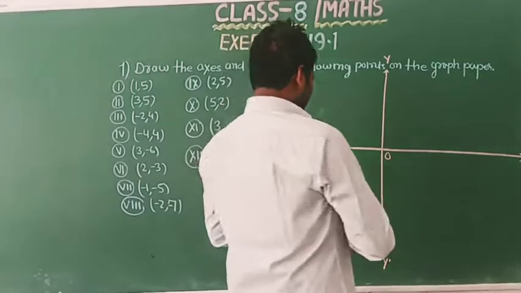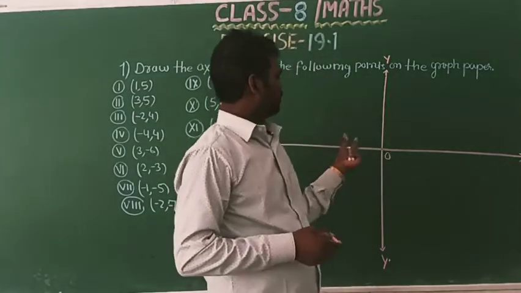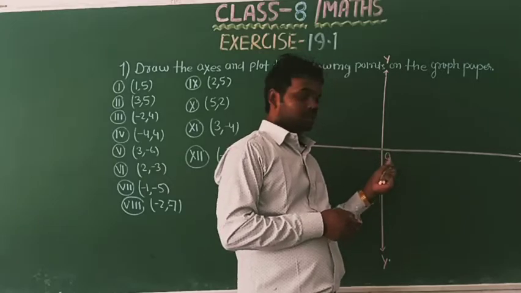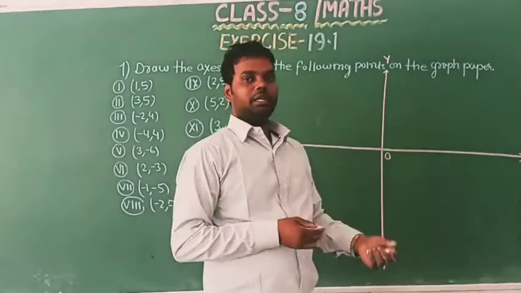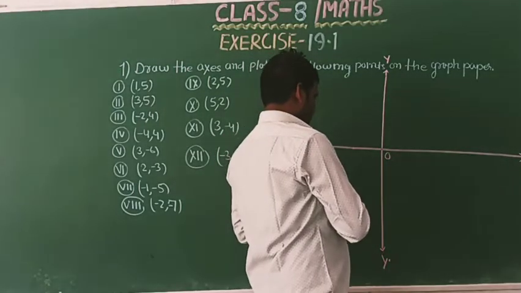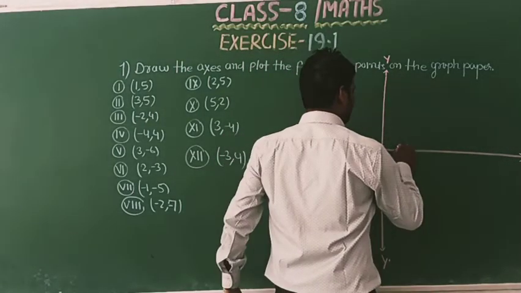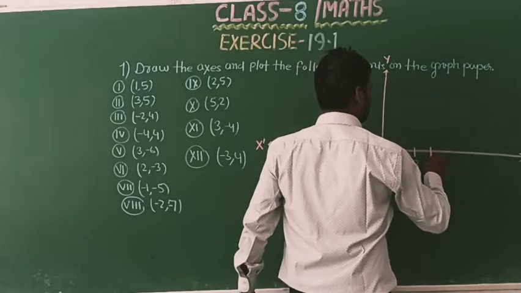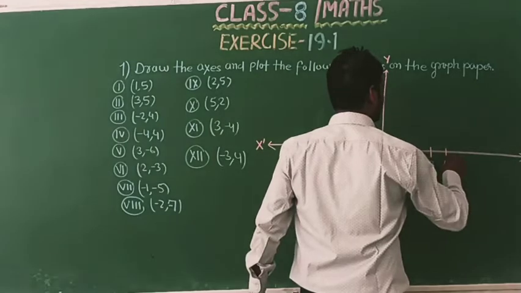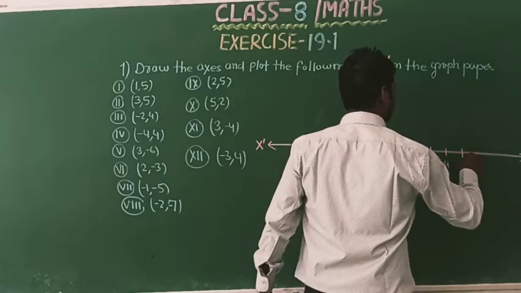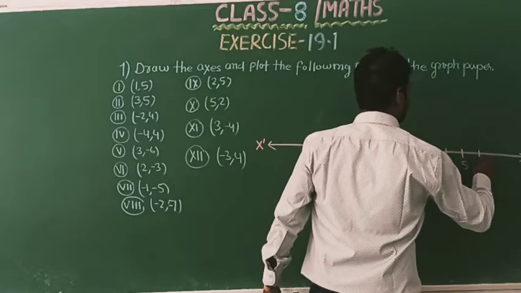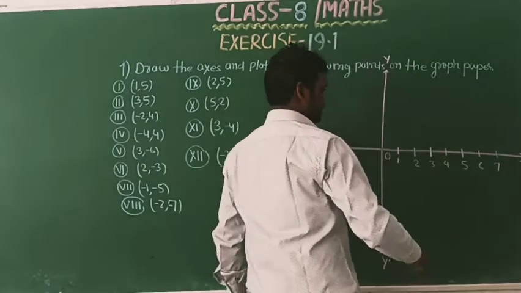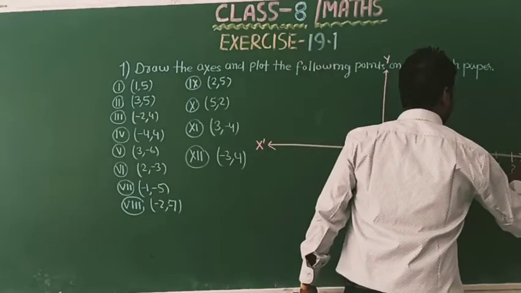I have also explained that the distance along OX is positive. So this is 1 unit, 2 units, 3, 4, 5, 6, 7 units, and 10 units.